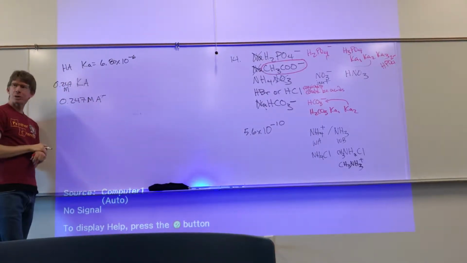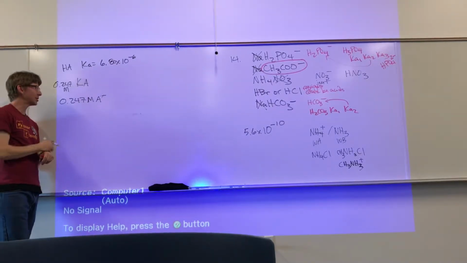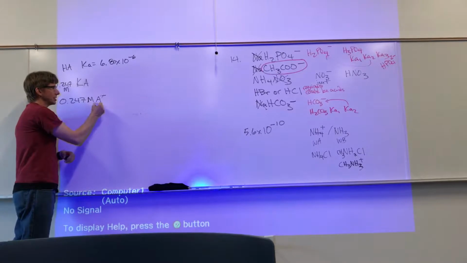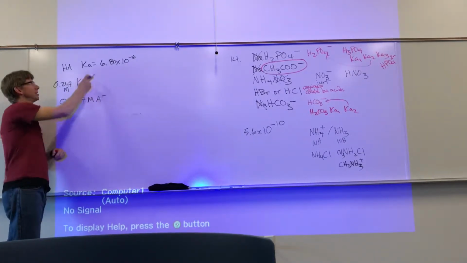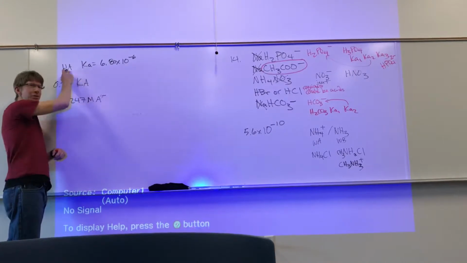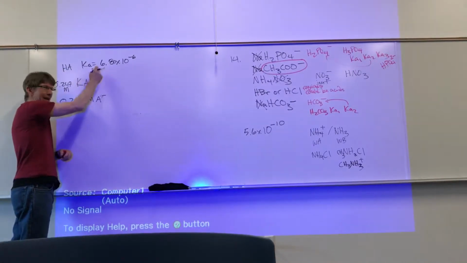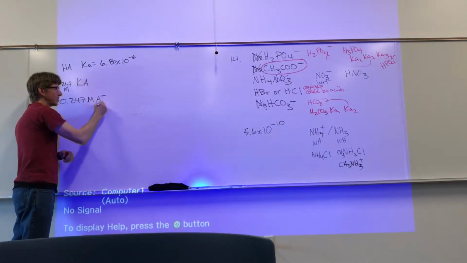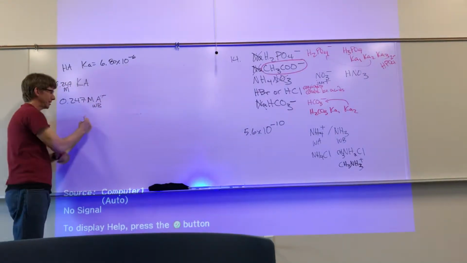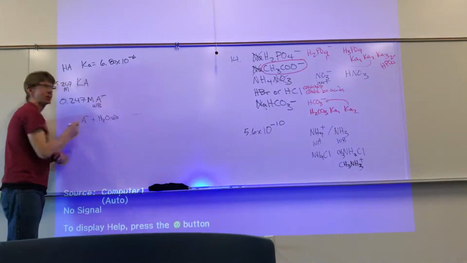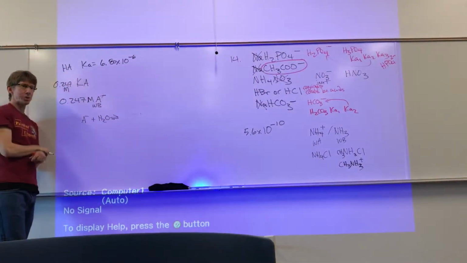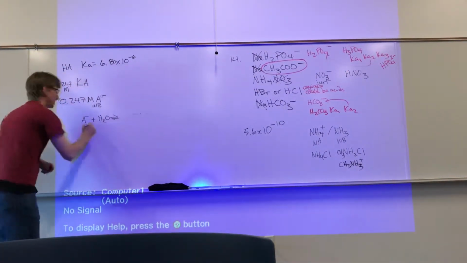So tricky wording. They gave you a reaction that you don't need, and its Ka value. What you need to circle in on is that you have A minus. Well, if it's the conjugate of HA and it has that Ka value, it will be a weak base. And you need to write a Kb reaction for it and do a Kb ICE table.